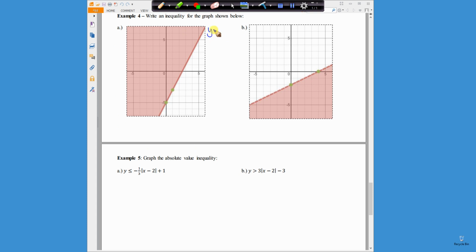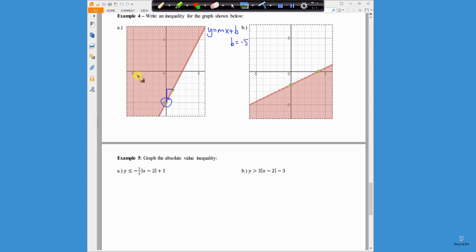So again, I'm going for y equals mx plus b, and I labeled these points clearly for you here, so it's not very difficult to find this information. The y-intercept in this case is -5, so my b is -5. And the slope, I labeled 2 points nicely here so you can find the slope, up 2 over 1.